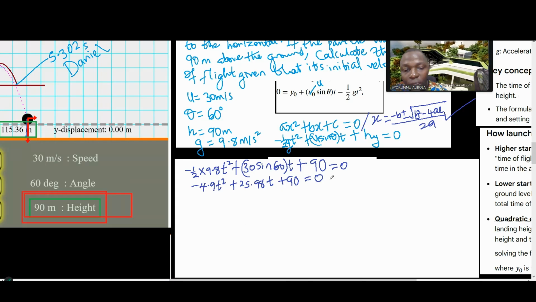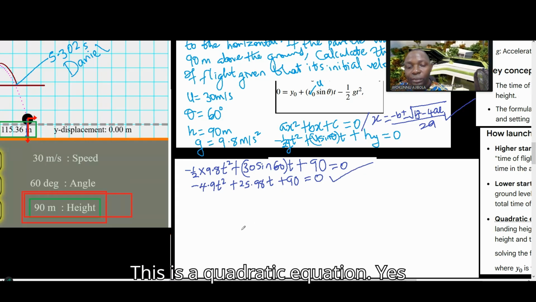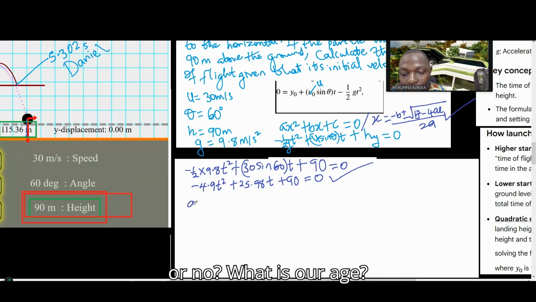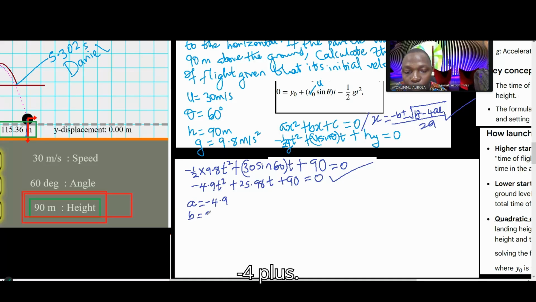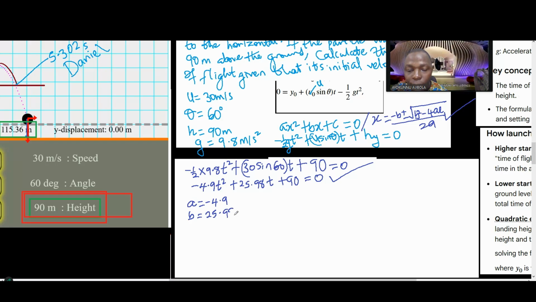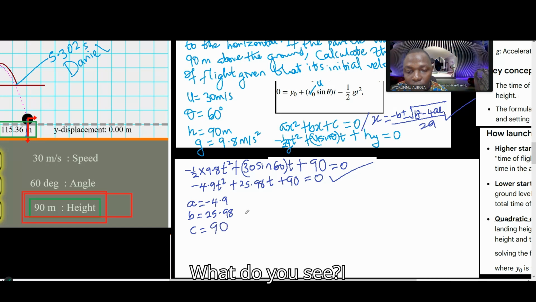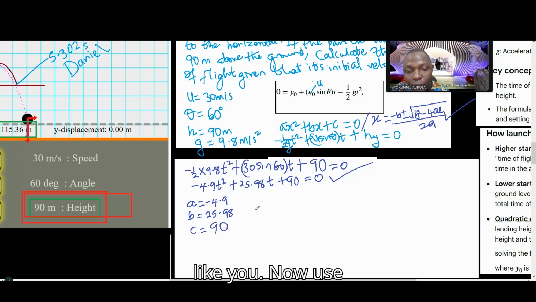This is a quadratic equation, yes or no? Yes, sir. What is our a? Our a is minus 4.9. What is b? 25.98. What is c? 90. We can now use our quadratic formula to find t.